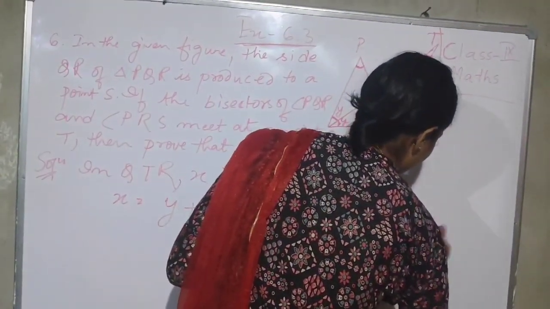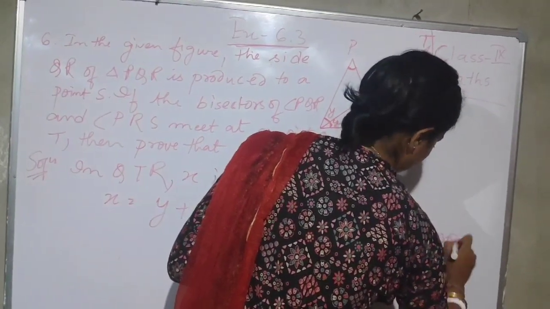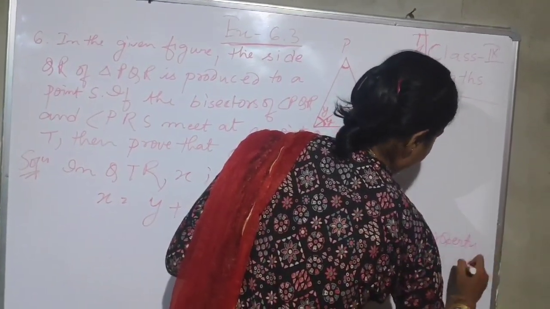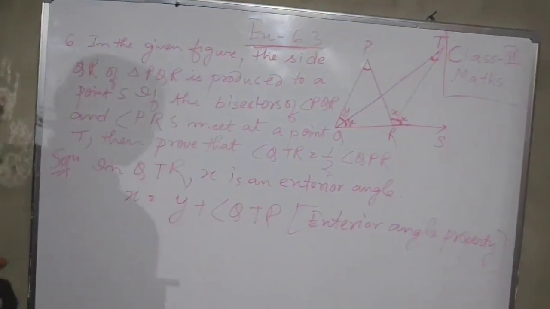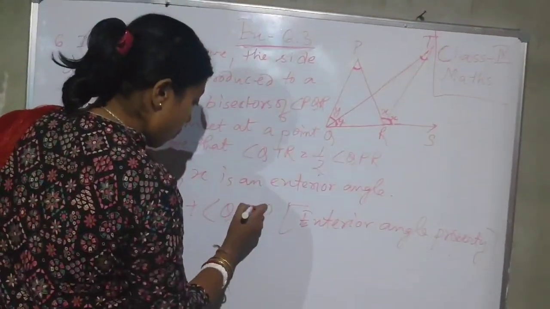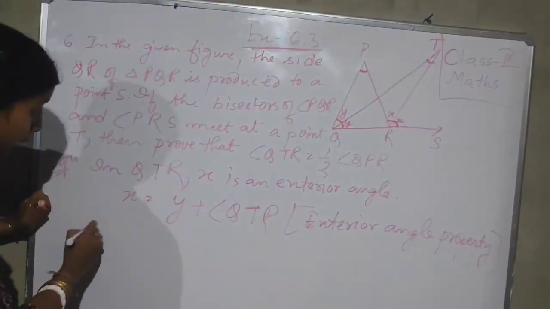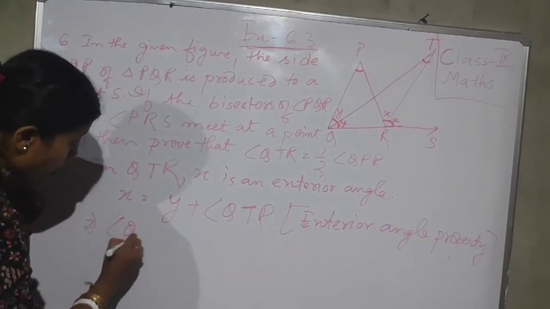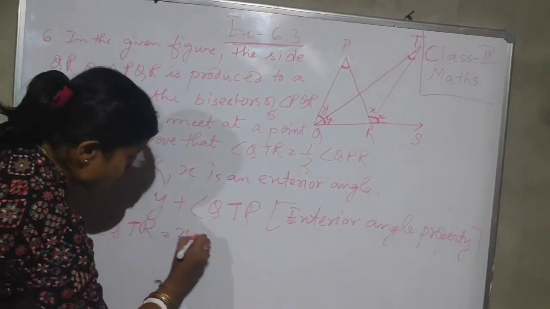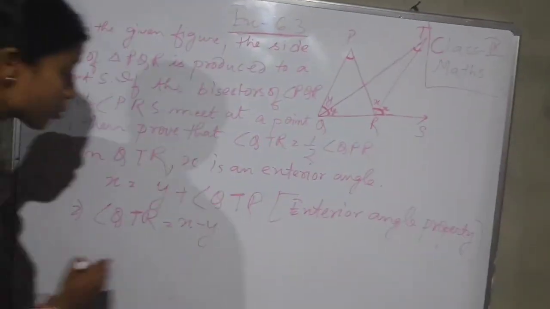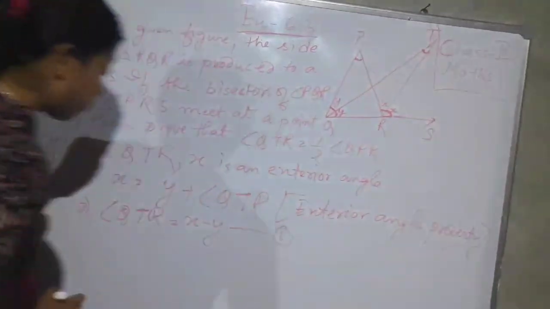We have proved the theorem of this in our last class. Now find the value of QTR. Angle QTR will be equal to x minus y, right? So give this as equation 1.